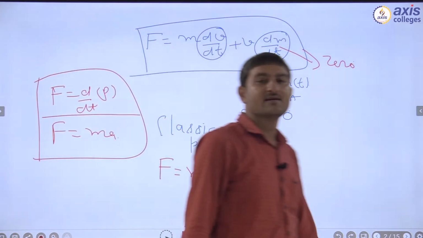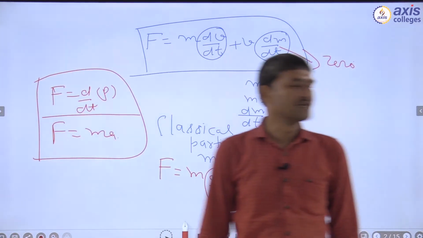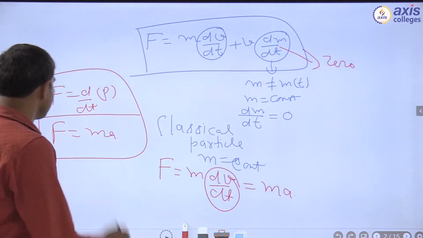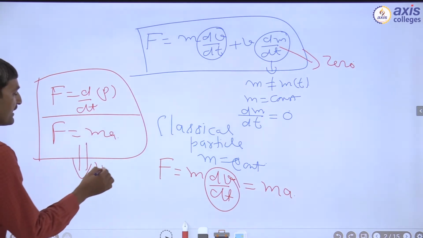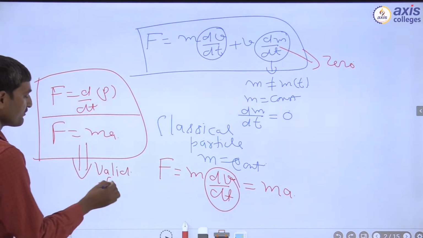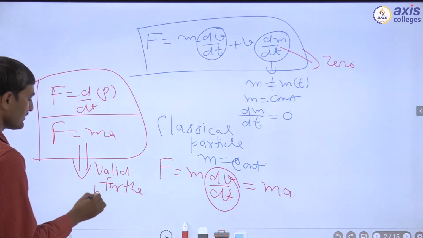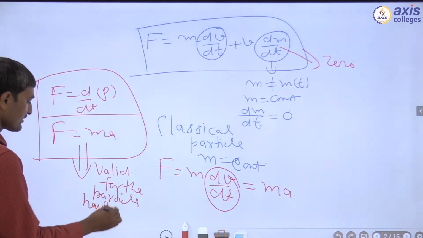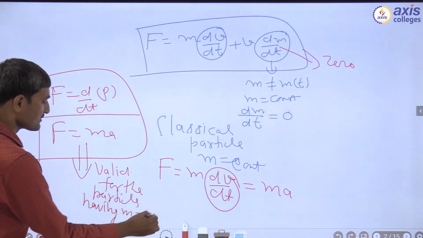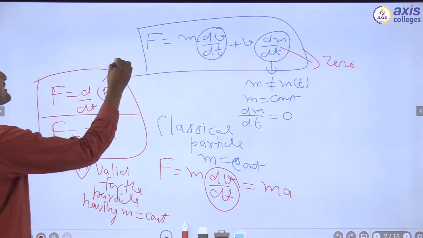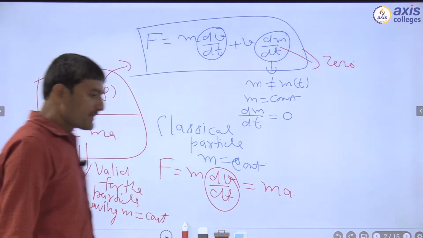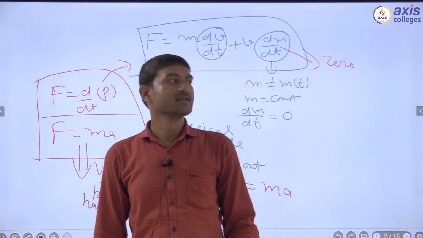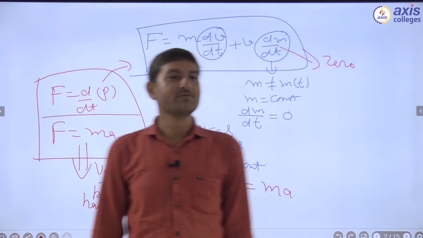Force as the rate of change of linear momentum is more fundamental than F equal to ma, because F equal to ma is valid for a particle having constant mass, while F equal to dp by dt is the general relation.